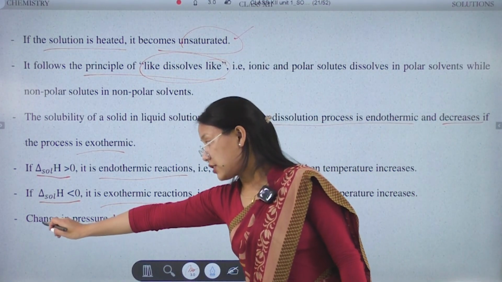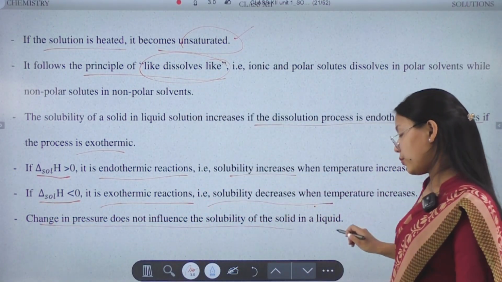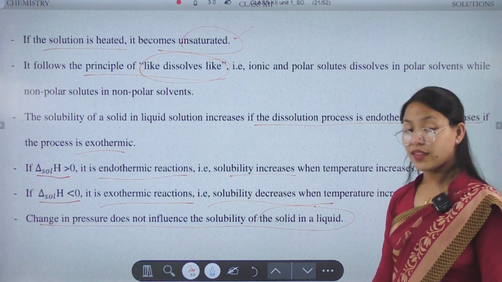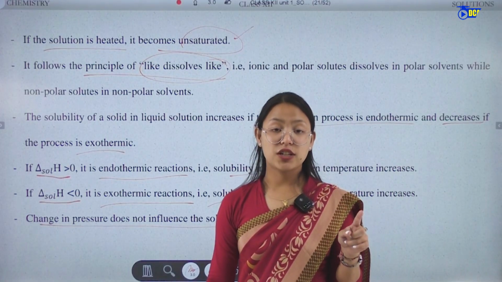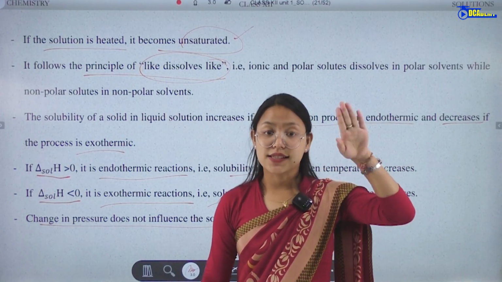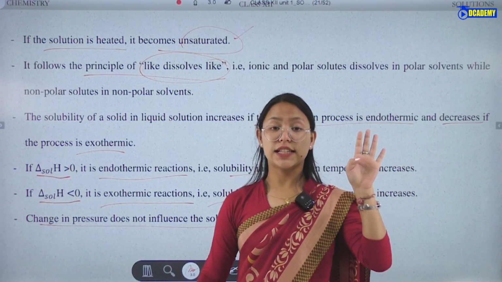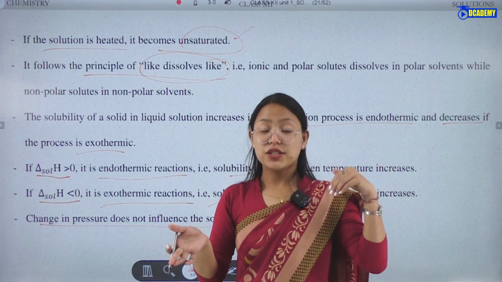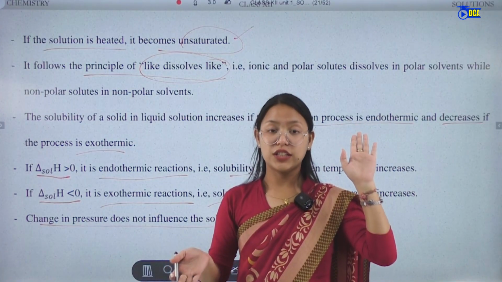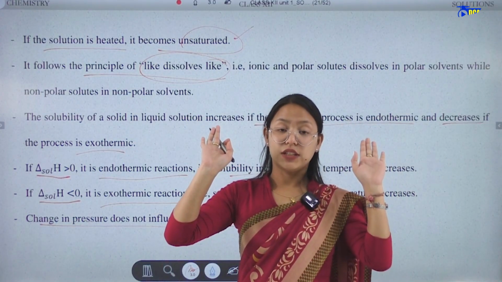Then the change in the pressure does not influence the solubility of the solid in liquid. Whenever there is an increase in the temperature, the solubility increases. When there is a decrease in the temperature, solubility decreases. Temperature increased, solubility increased. Temperature decreased, solubility decreased.